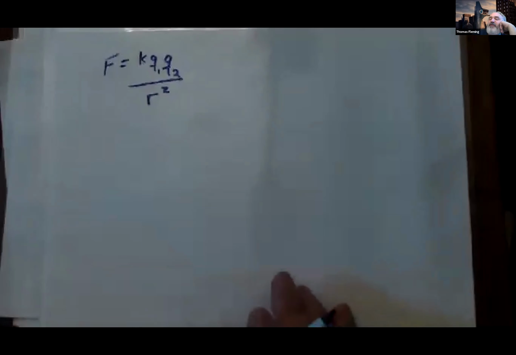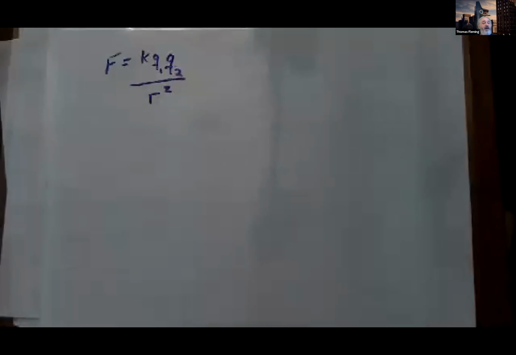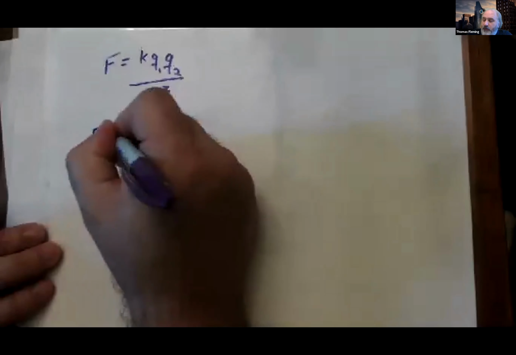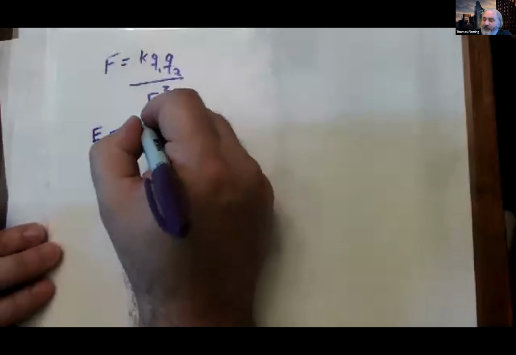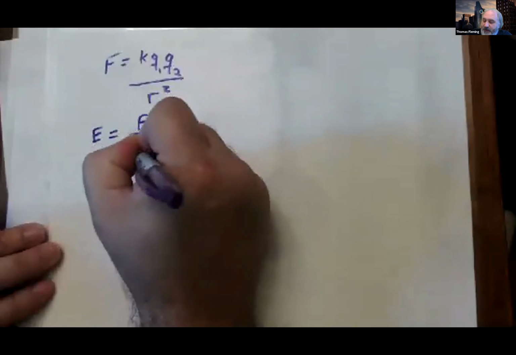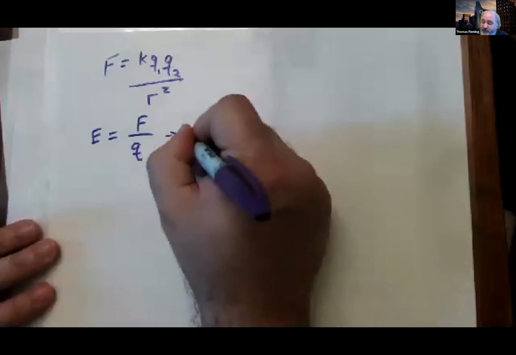But then immediately we said, man, it really sucks to have to keep talking about charge 1 and charge 2. So we invented the concept of the electric field. We said the electric field was going to be defined as how much force you feel divided by the size of the charge that was feeling it. So this was the definition of E.